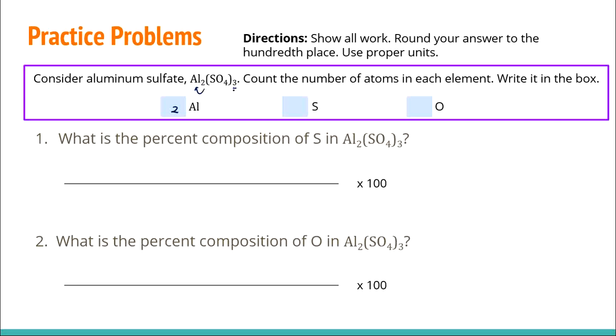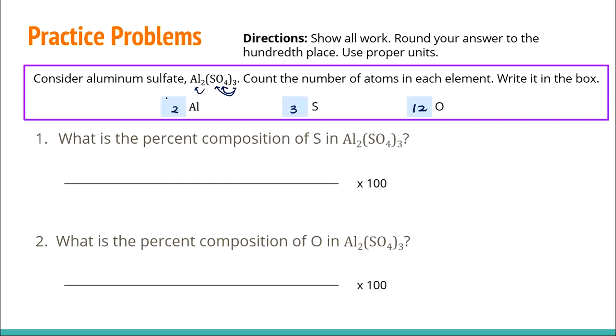You have to distribute the 3 to each element that's inside the parentheses. And so when you distribute, you multiply. So how many sulfurs are there? There are 3 sulfurs. And oxygen, well, because there are already 4 oxygens, we want to multiply 4 by 3, so we have a total of 12 oxygens.